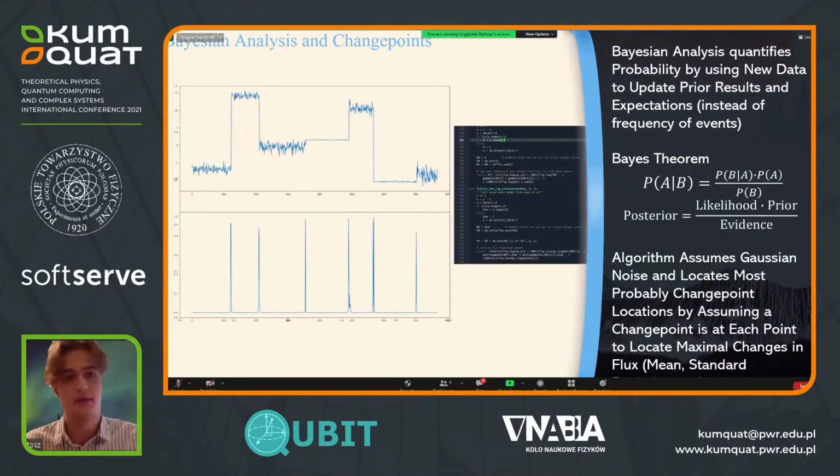Then we come to the Bayesian analysis. I'm sure everyone knows Bayes' theorem, and the Bayesian probability gives us a posterior function, which is the probability. But the evidence is just a normalization factor.